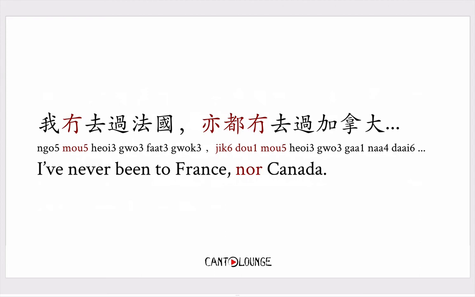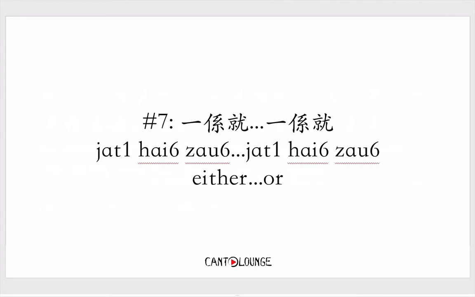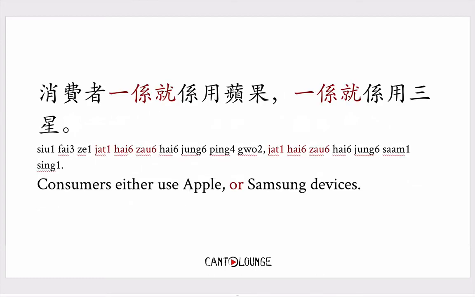Very straightforward. Moving on. 一係就 something something, 一係就 something something. So this is like either or, right? So imagine you're talking about mobile devices.